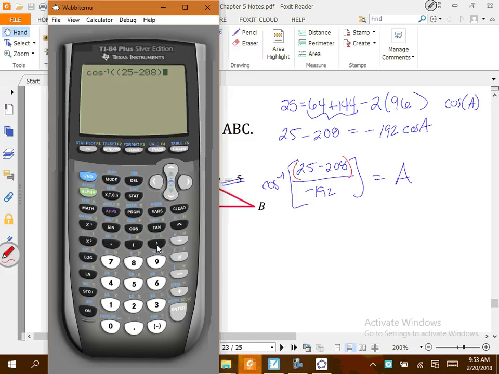Obviously, you guys don't want to write it as 25. You want to leave it as 5 squared. You want to leave the 64 as 8 squared and all that kind of stuff. By all means, do that. There's nothing wrong with that. You can use your calculator anyways. So if you want to keep things unsimplified, I don't have an issue with that. So right next to parentheses. So 17.61 is that angle A.